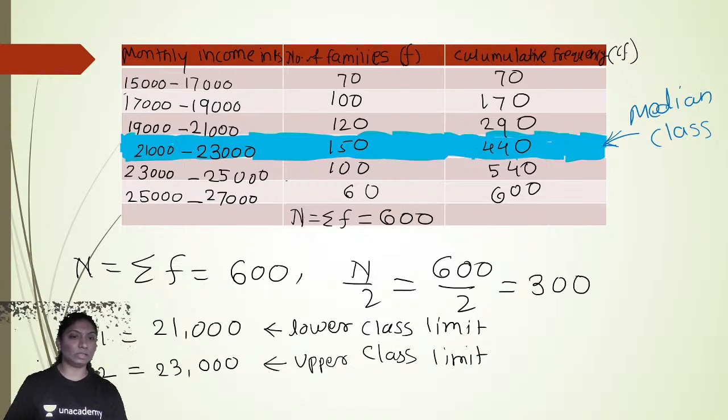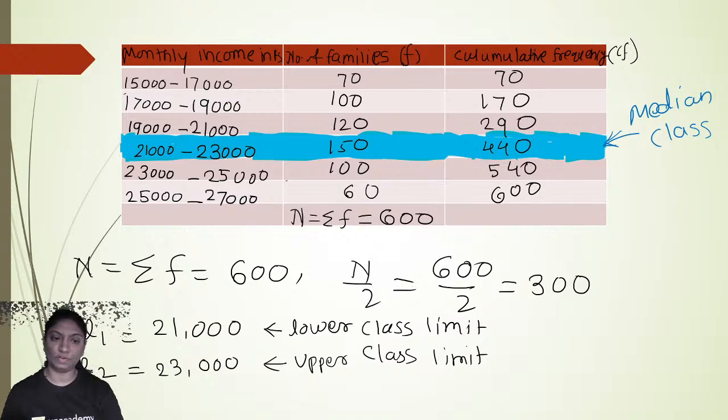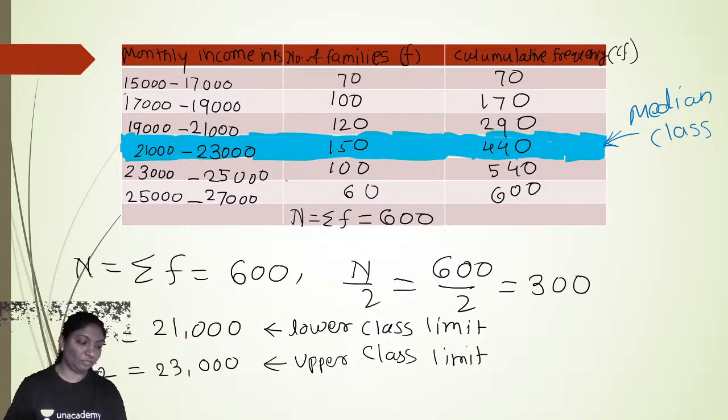L2 is the upper class limit. Then F is the frequency.